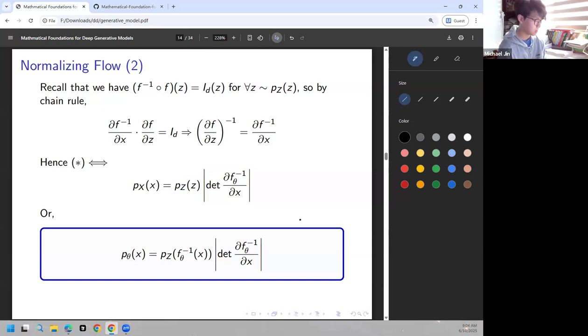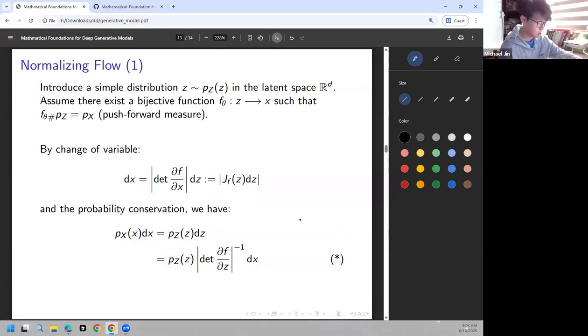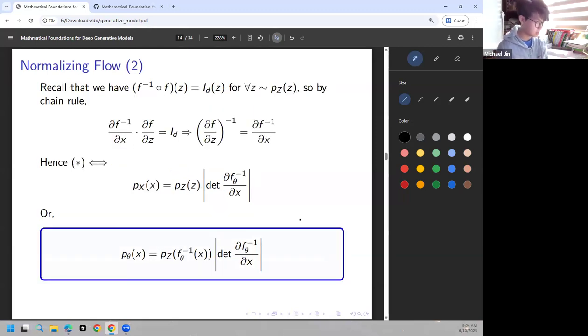So we know the partial of f over partial of z, and its whole inverse, is equivalent to the partial of f inverse over partial x. So from here, this P_z of z times the determinant of partial f over partial z inverse, we can transform it as P_z of z times the determinant of partial f inverse over partial x. And the dx term is canceled out. So our final result should be p theta of x.